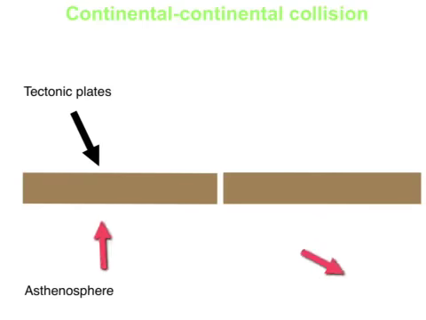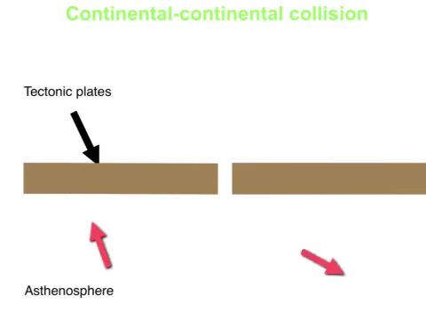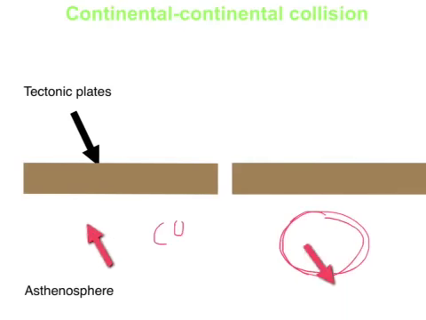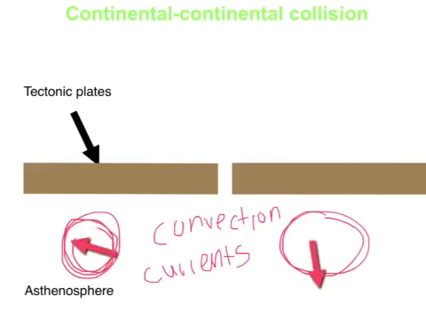When two continental tectonic plates meet, they are forced together by magma that spins. These are called convection currents. And the magma is spinning, caused by all the heat and pressure in the Earth.